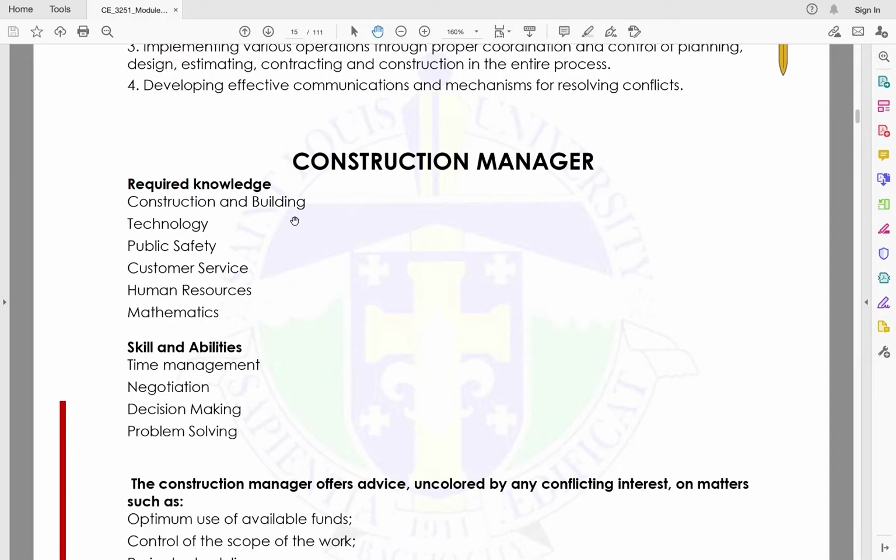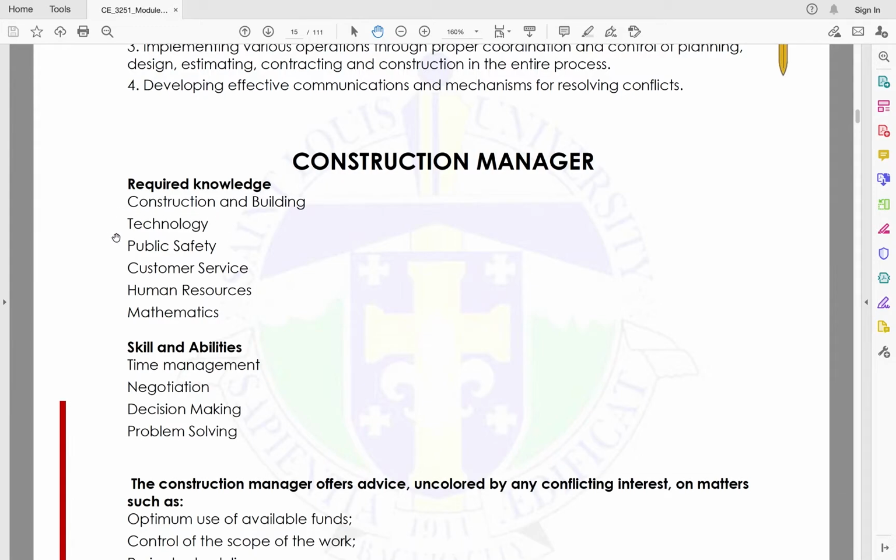Okay? So everything that involves construction and building, you should have an experience of how to oversee things, on how to see things truly, on how to manage micro and macro organizations. Okay. Next, you need to have a knowledge on technology.